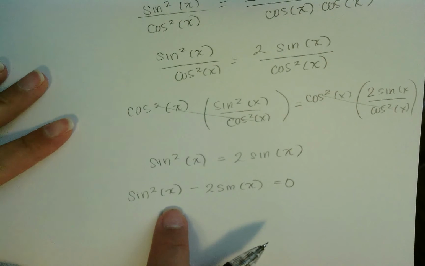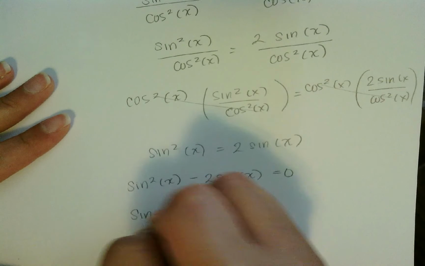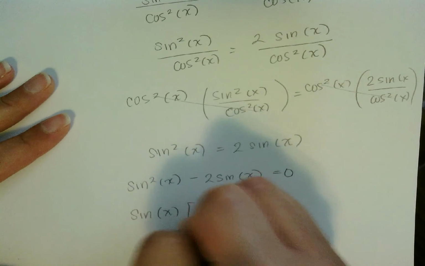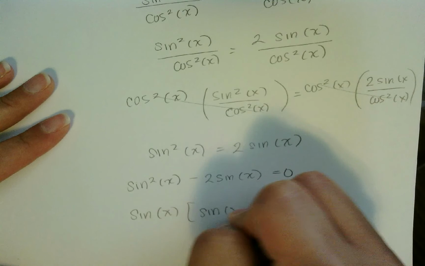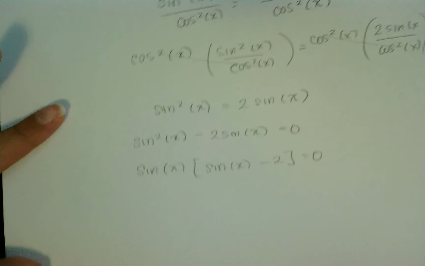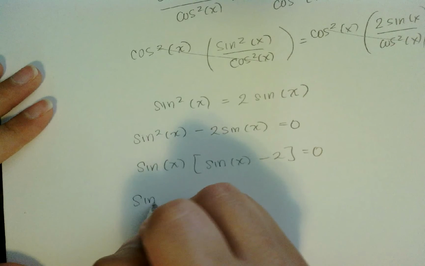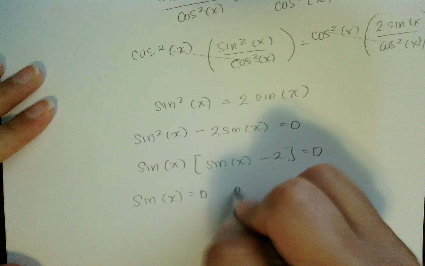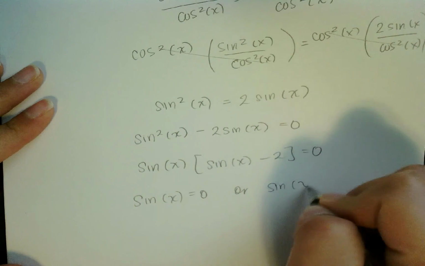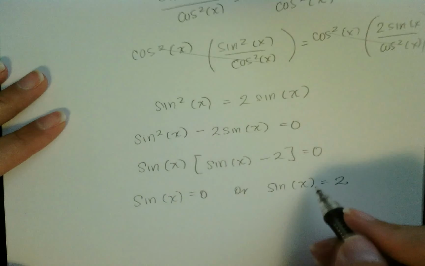So now from here, what can we do? Factor out? Yep. So now that it's factored, set them both equal to 0. So 0 would be the only solution for that?